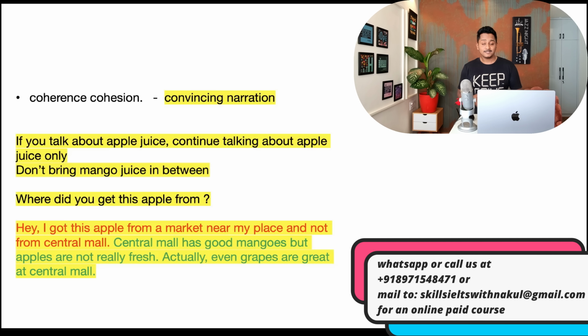Actually, even grapes are great at Central Mall." The question is not about Central Mall. Where did you get this apple from? "I got this apple from a market near my place and not Central Mall." Okay, you talked about Central Mall, but you don't have to continue on that. So here, task response is 0. Coherence and cohesion is also 0.